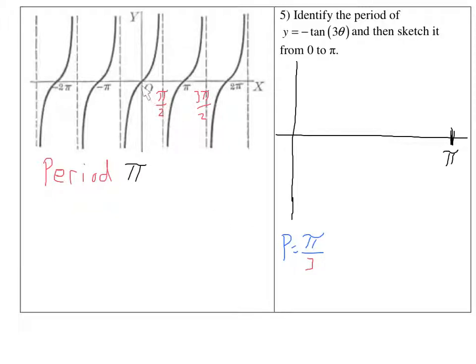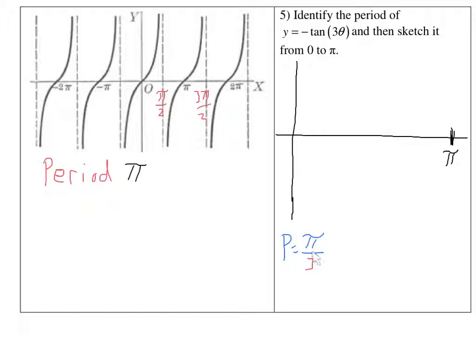Now watch this. If my period's pi, remember I went pi over 2? Isn't pi over 2 half of pi? So what's half of pi over 3? Are you okay? That's pi over 6. So my first asymptote is always going to be half my period.